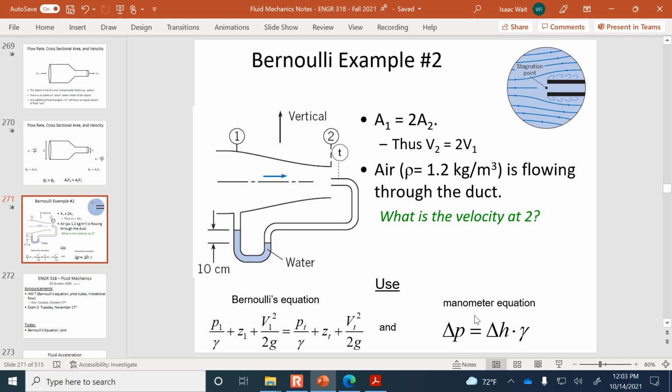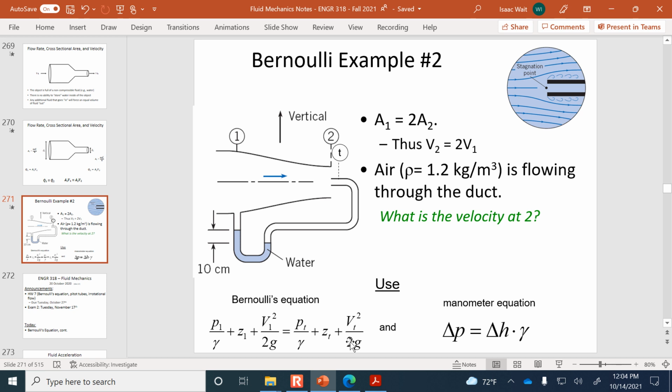All right, so I'm going to pause for a second. And what I'd like you to try and do is combine the manometer equation and the simplified Bernoulli equation to find out what is the velocity at 2. Because previously we were saying that there were effectively 3 unknowns in this formula, because we didn't know pressure at 1, pressure at T, or the velocity at 1.